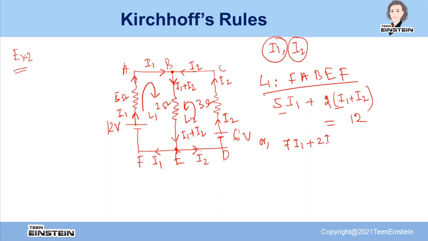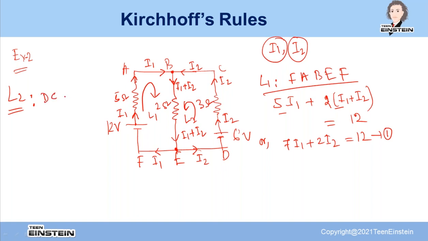This is equation 1. I'll write KVL for loop 2. Let me denote loop 2. Suppose I am going from D to C. I'll just remove some of the things here so that it becomes a little bit clean.